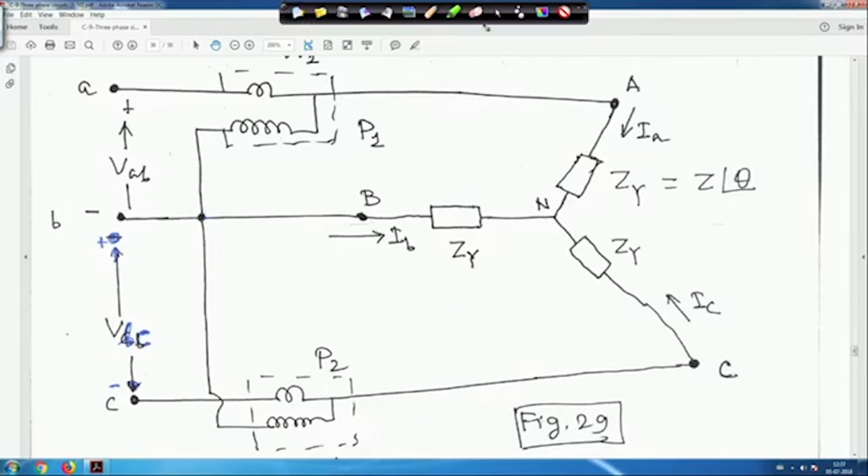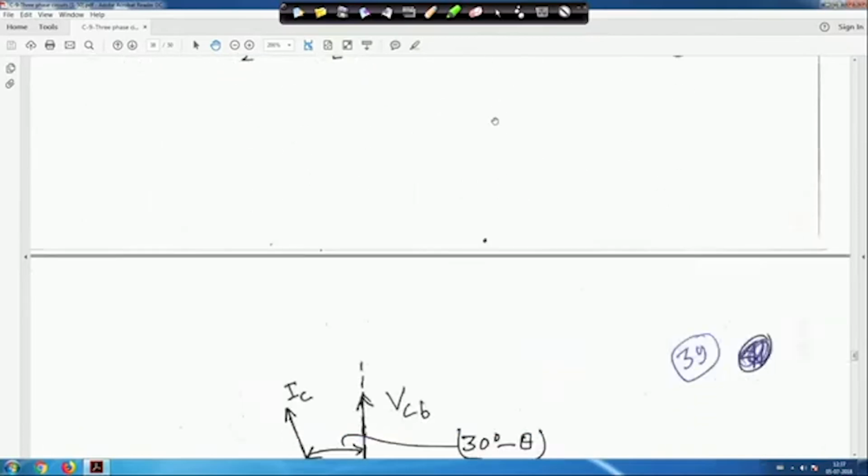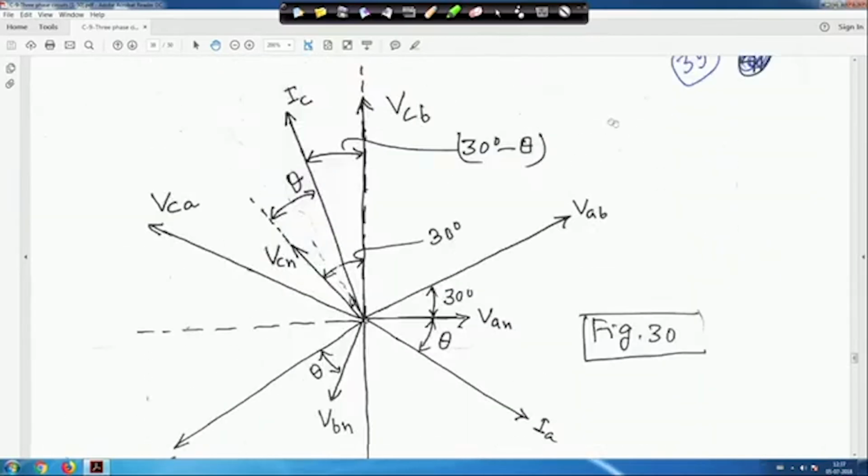So, if you draw the complete phasor diagram, earlier we have seen this is VAB, this is your VAN, this angle is 30 degree, and this is IA. So, IA lags from VAN by theta.